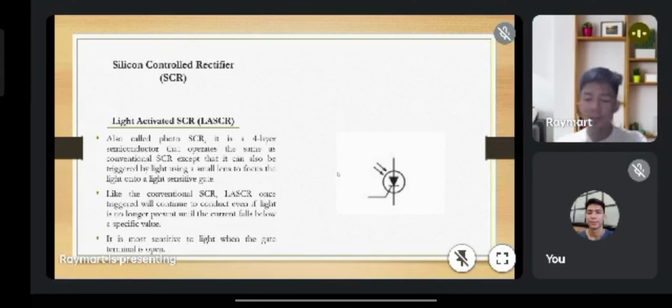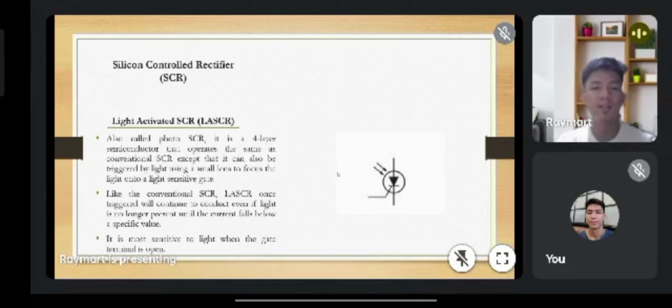It's the same as the conventional SCR, except that it can also be triggered by using light that you aim at the small lens to activate it.